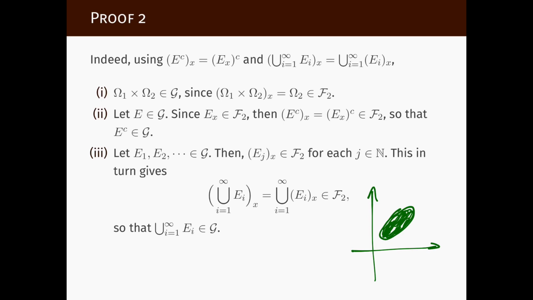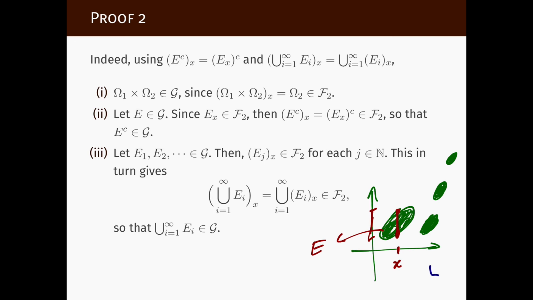Well, how do we show that G is a sigma algebra? We're going to check all the properties of a sigma algebra. Before that, let us make two observations that will be used in this proof. The first is, suppose this is my set E, and for a fixed value of x, we have E_x here. What happens if we take the complement of E?